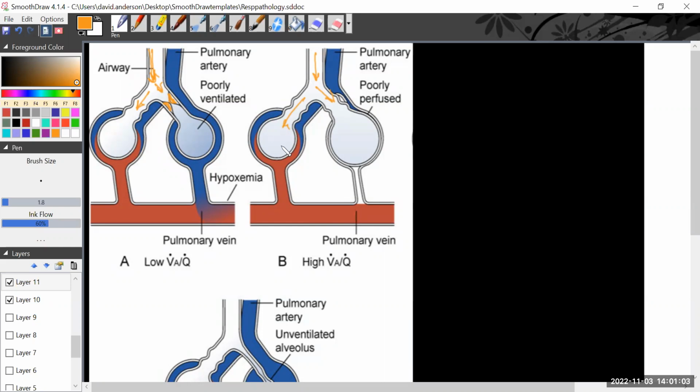So think of the match. We're always trying to fix the match or correct the match to be as close to 1-to-1 as possible. So if we have a pathology in airflow, we're going to make adjustments to blood flow. And if we have a pathology in blood flow, we'll make adjustments to airflow.